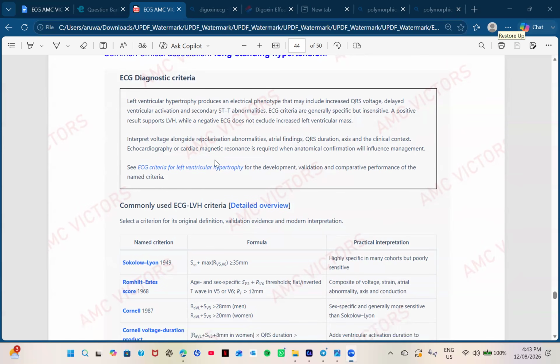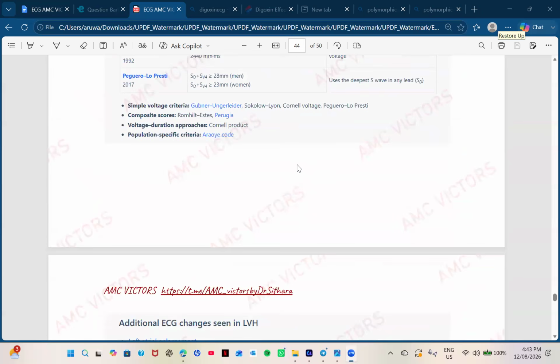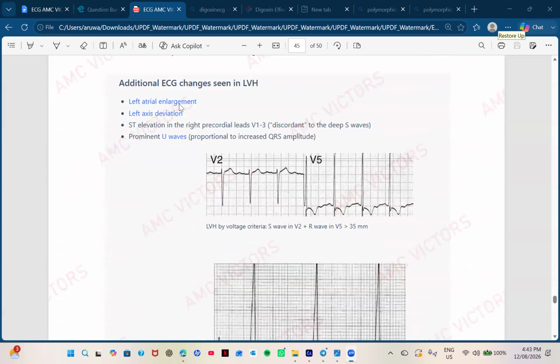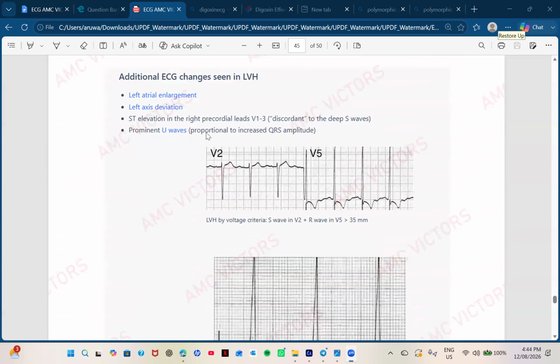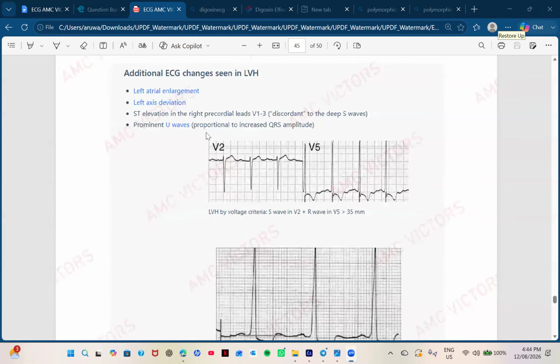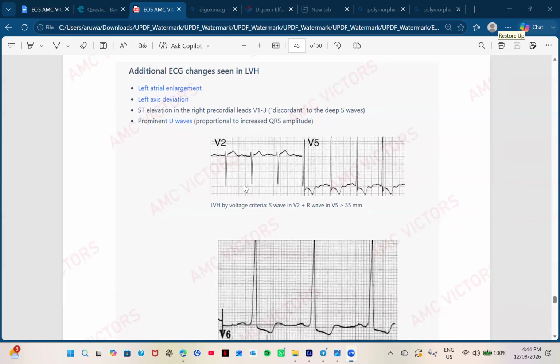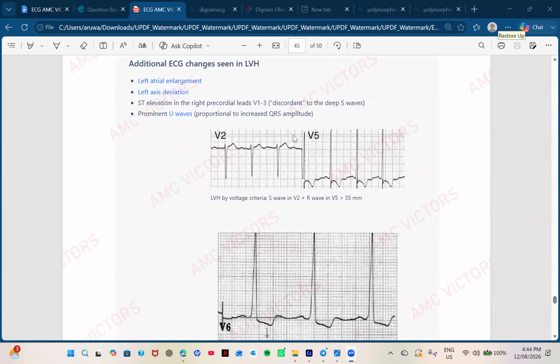Interpret voltage alongside the repolarization abnormalities, atrial findings, QRS duration, axis and the clinical context, right? So here are the additional criteria: atrial enlargement, left axis deviation, ST elevation in the right precordial leads V1 to V3. Prominent U waves can also be seen. Okay, like that.